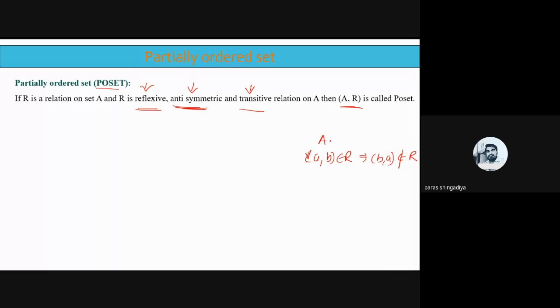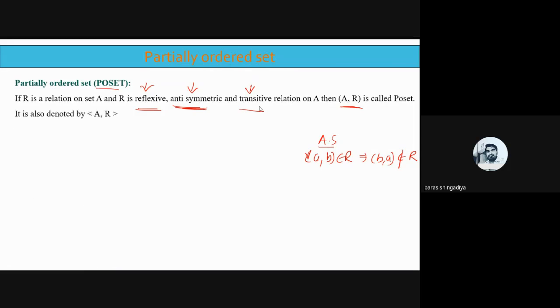And the third one is transitive: if (a, b) belongs to R and (b, c) belongs to R, then based on these two relations, (a, c) should also belong to R. So it is the transitive condition.